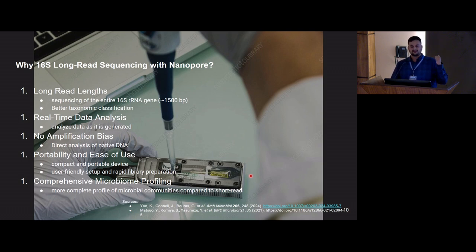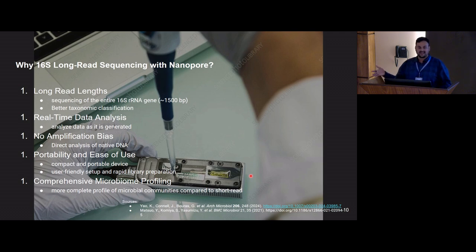Now, if you remember that V1 to V9 region, this will be covered in more depth by Arpit in the later talk. But in essence, what Illumina versus Nanopore could do is, let's say Illumina can tell you, okay, your sample has 5 species of, let's say, the genus Enterococcus, but a better taxonomic resolution by Nanopore will tell you, okay, the 5 are Enterococcus faecalis, Pseudomonas aeruginosa, and so on and so forth.